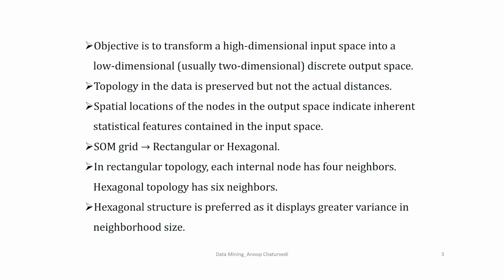Further, the objective is to transform a high dimensional data input space into a low dimensional, usually 2-dimensional discrete output space. So, although you have very high dimensional data, your output space is usually 2-dimensional.